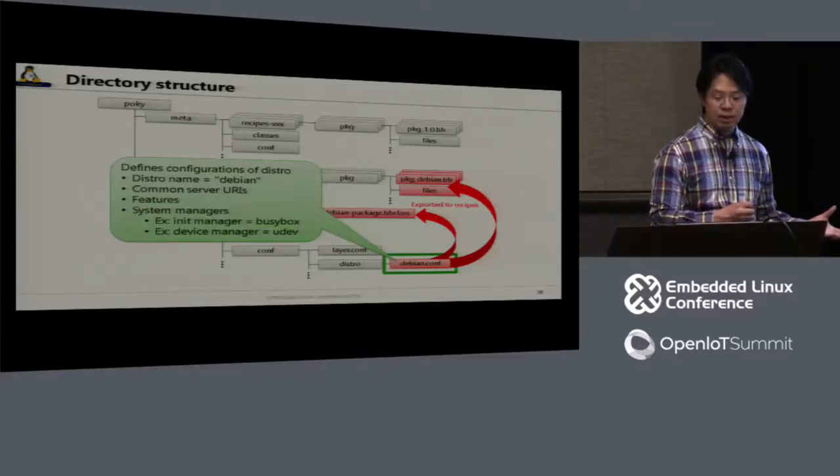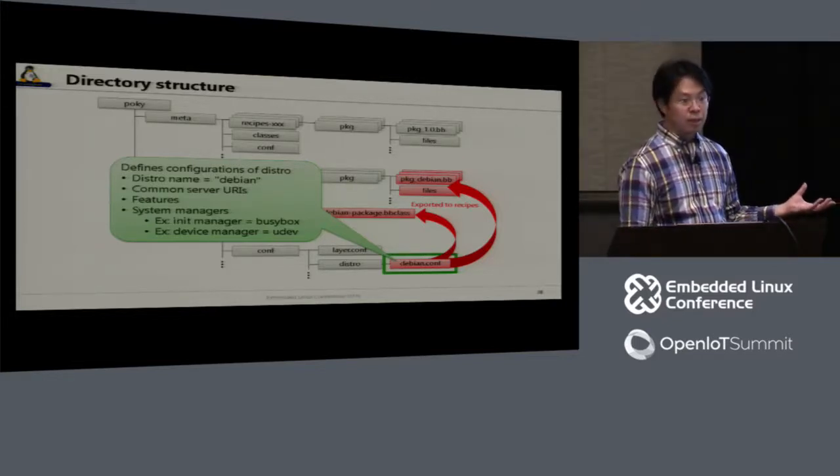And this debian-package.bbclass provides fetching source code packages automatically and applying Debian patches automatically, because Debian has an exact, concrete rule for how to apply the patches. So we just follow these rules by using this debian-package.bbclass. And after that, we also define the common parameters which are used by MetaDebian.